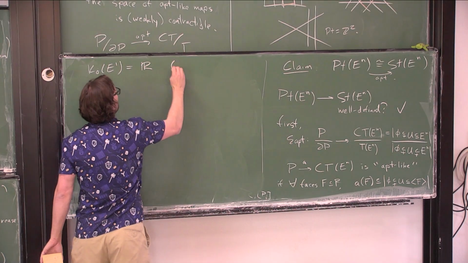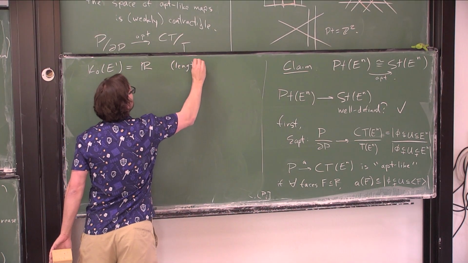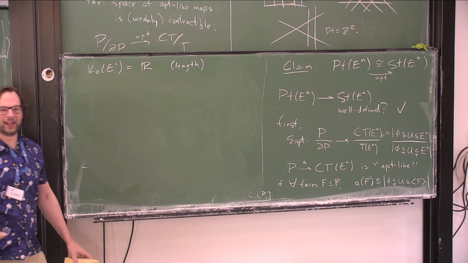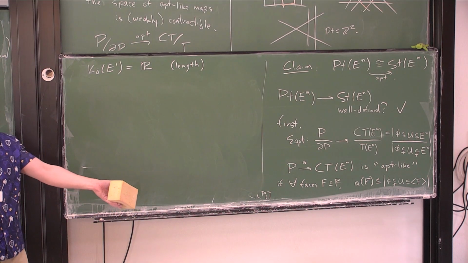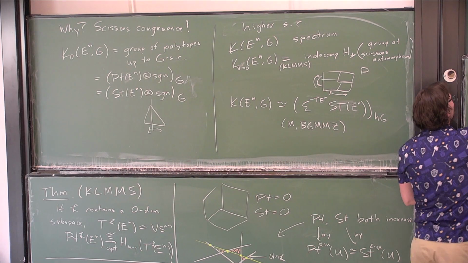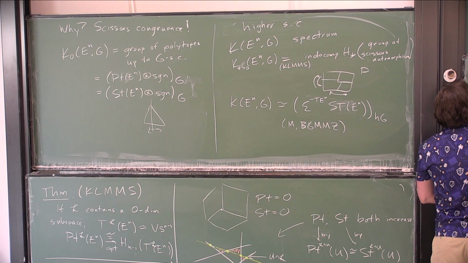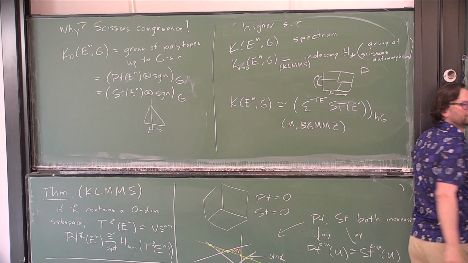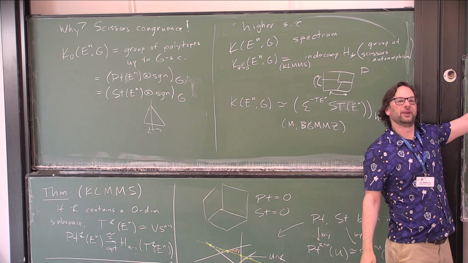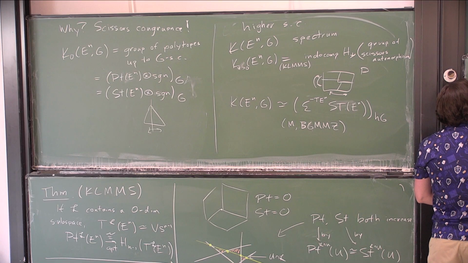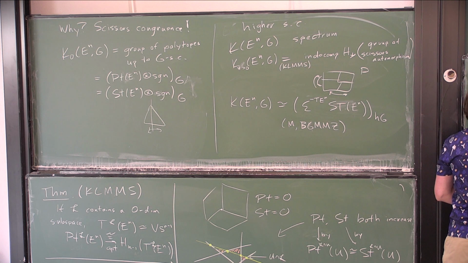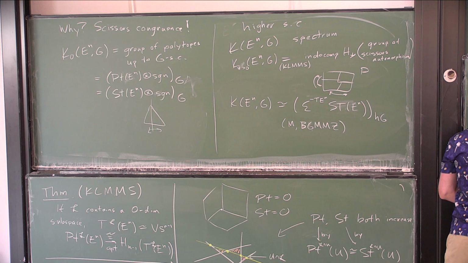So K0 is R. That corresponds to the elementary fact that if you take line segments up to cut and paste, the only invariant is their length. We added negatives because it's K-theory. K1 of E1 is 0. This was a result of Zakharevich from before this formula. And then K2 turns out to be the third exterior power over the rationals of R.